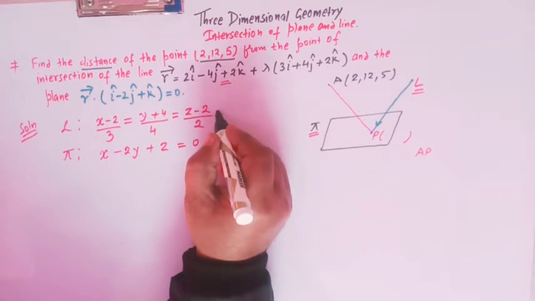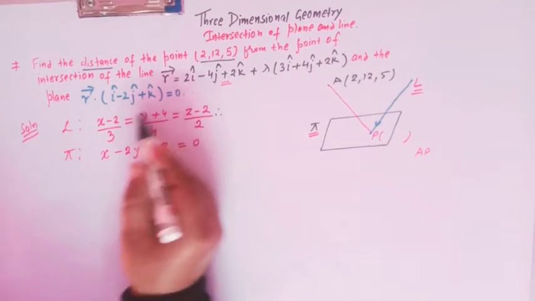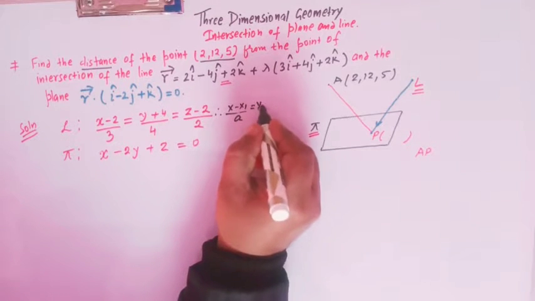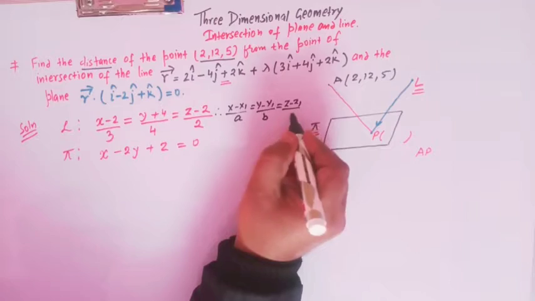Here we have used the general Cartesian form of the line, that is (x minus x1) over a, (y minus y1) over b, and (z minus z1) over c.